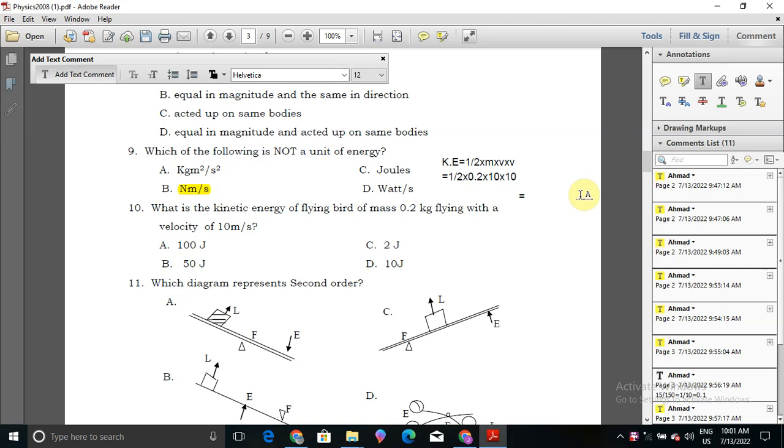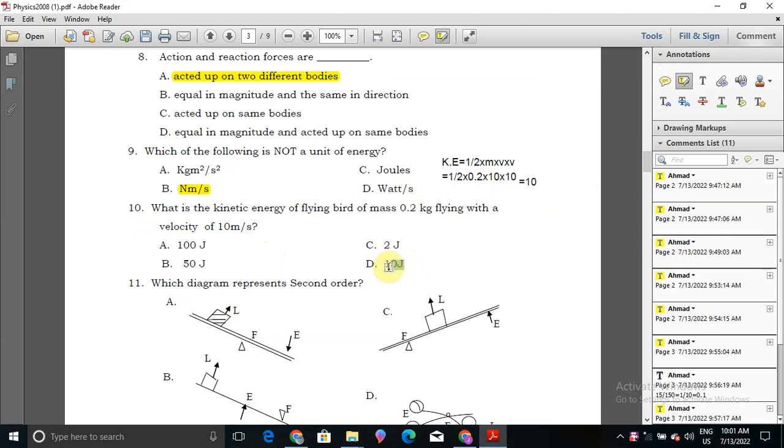Because here 2 by 2 will be 1, and here 0.2 by 2 is 0.1, so as the last answer it will be 10. So the correct answer for question number 10 will be choice D, which is 10 joule.